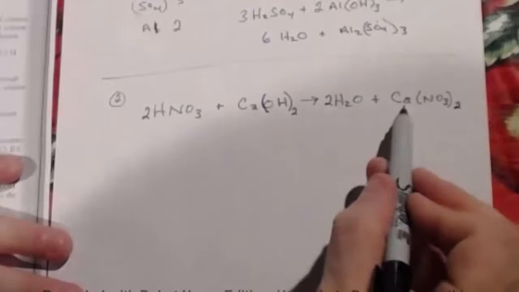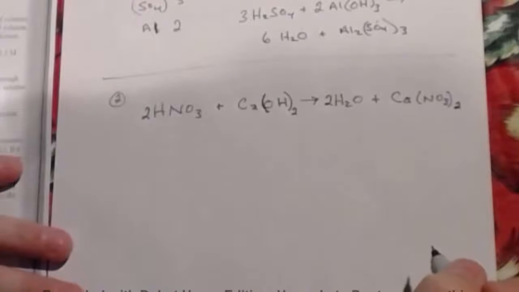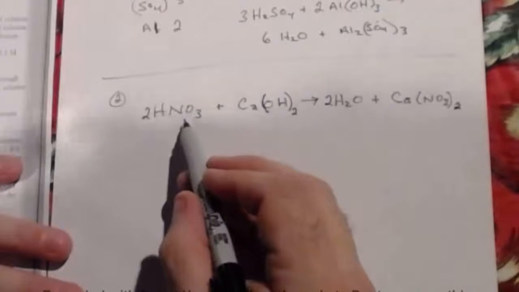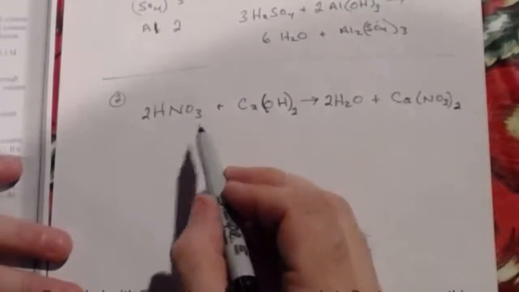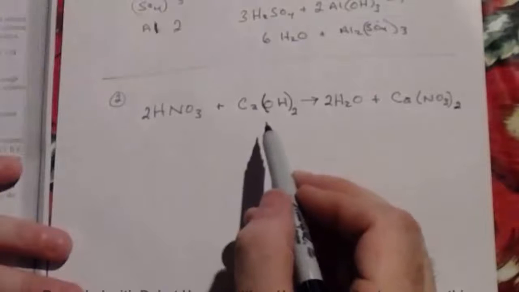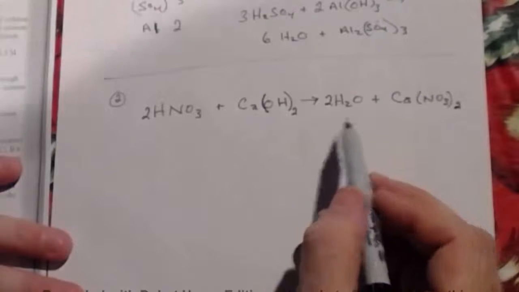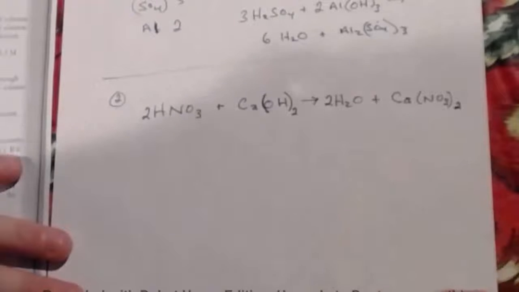We've got 1 calcium, and we've got 2, and it checks. And so, after balancing it, it is 2 HNO3 plus Ca(OH)2 reacts to produce 2 H2O and Ca(NO3)2.